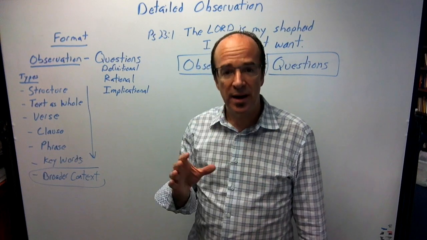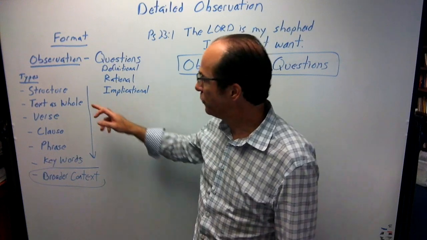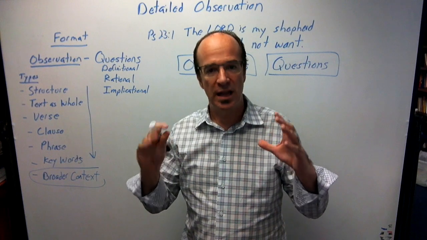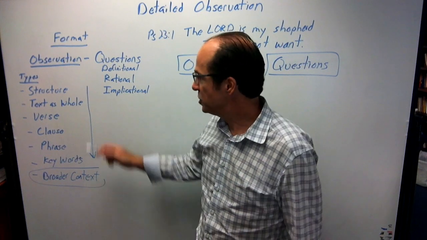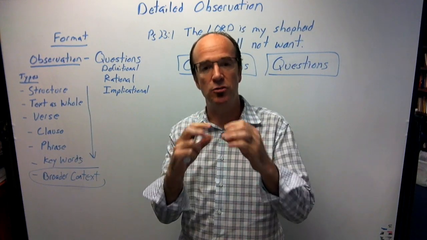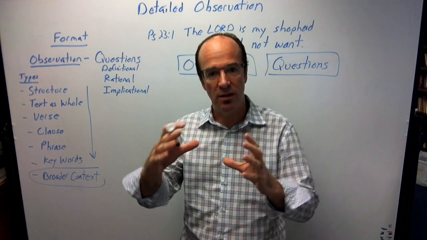Now, what kind of things should you observe? Again, watch the previous video, but in terms of format, I suggest making observations at several different levels when you're working on a detailed observation. Make some structural observations about the structures that you see in the couple of verses that you're working on. That'll help you to get kind of a bigger picture.